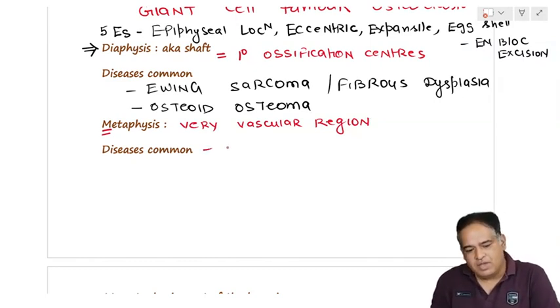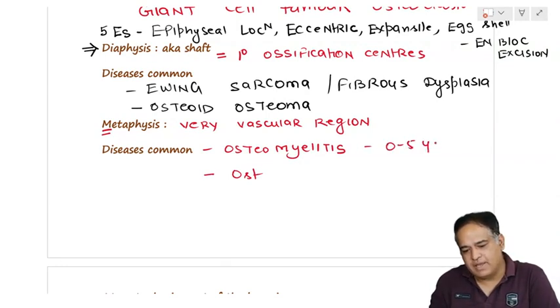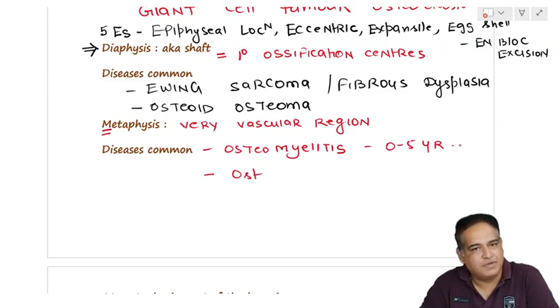Now, even though it is most vascular, there is stasis, slow speed of blood. So here we get infection of the bone, osteomyelitis, most commonly in children.